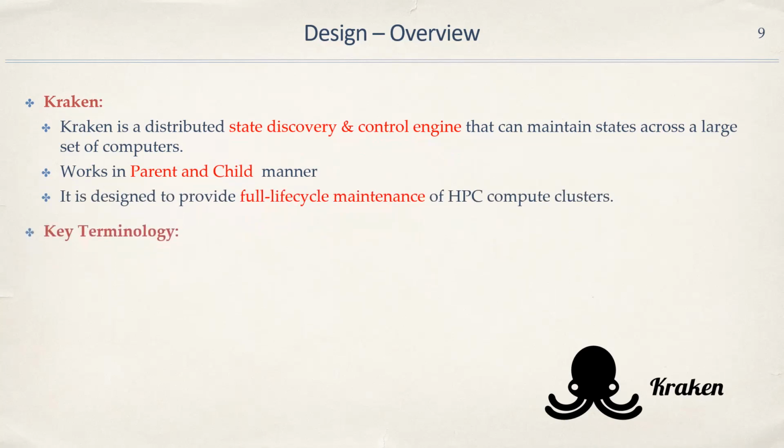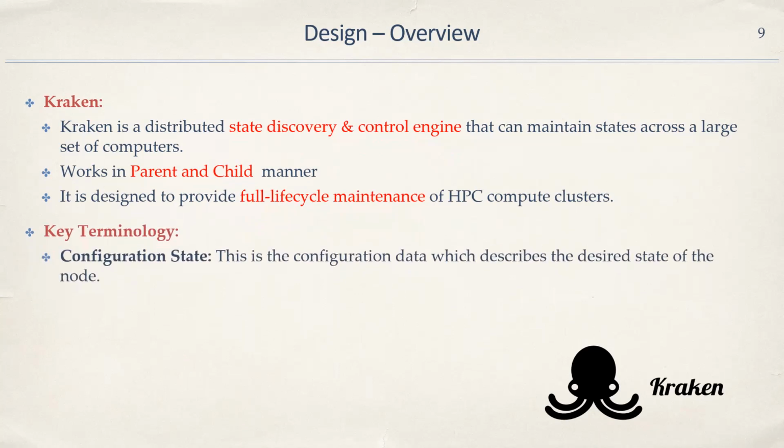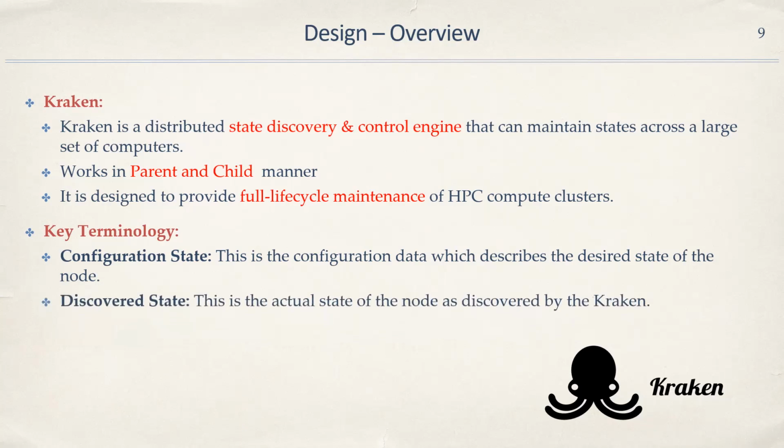There are some key terms. Configuration state is the data which describes the desired state of the computer node. This is user-configurable data. For example, I can set my CPU frequency. I can set my CPU temperature. That is my desired CPU temperature.